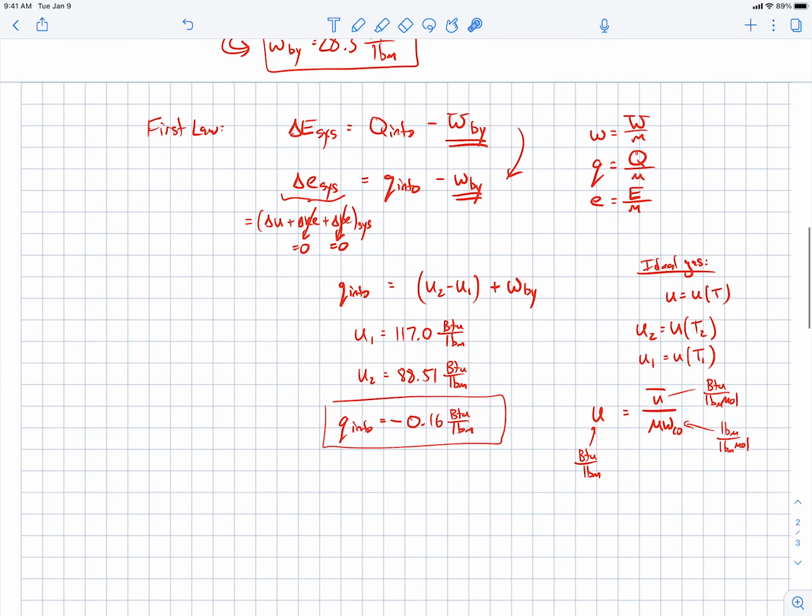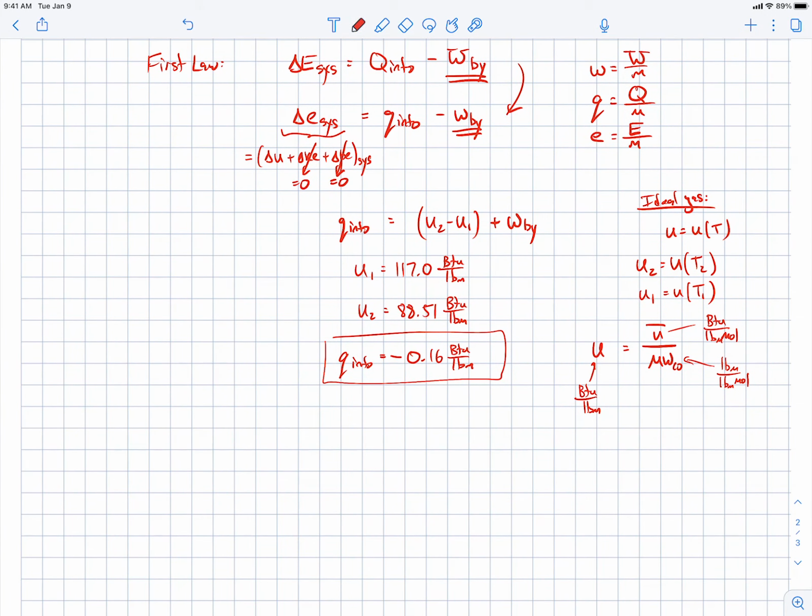Now another way that we could have done this calculation is, instead of using the tables, to make the assumption that the carbon monoxide is a perfect gas. A perfect gas is an ideal gas plus constant specific heats.